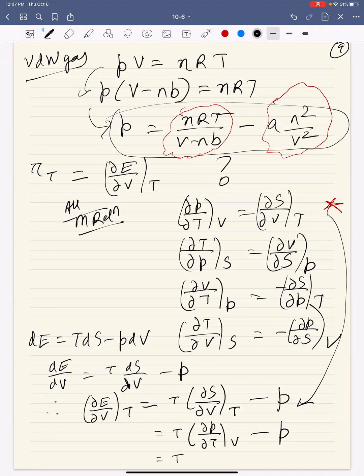So this will be T multiplied by nR by V minus nb, minus P. What is that? That is minus a n square by V square. So we have just shown that the internal pressure for a van der Waals gas is plus a n square by V square.